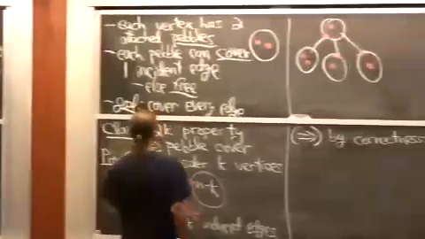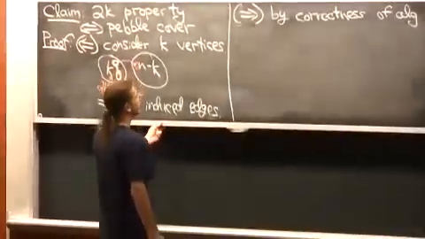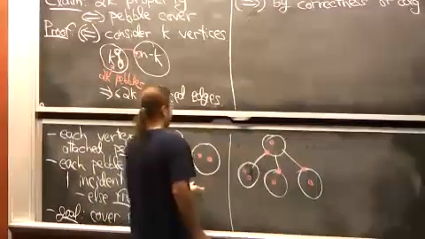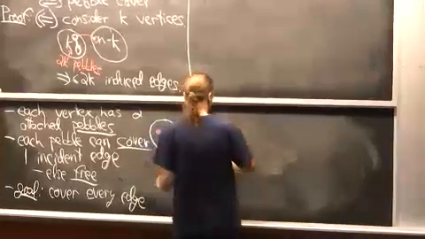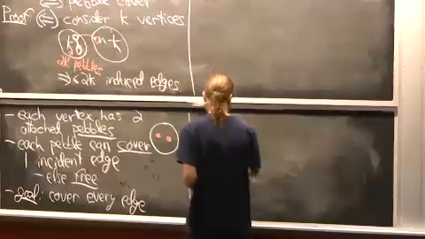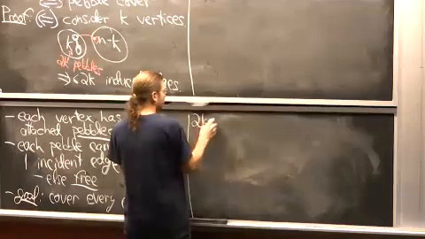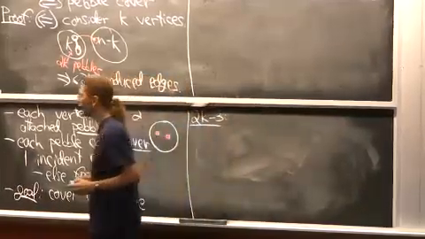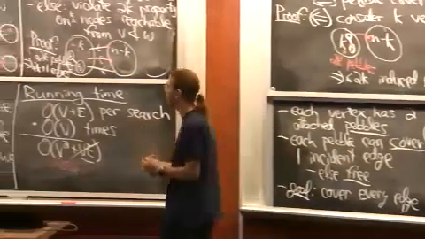All right. So that was the 2K property. Let's do 2K minus 3. For the 2K minus 3 algorithm, it's going to be pretty much the same as this algorithm.